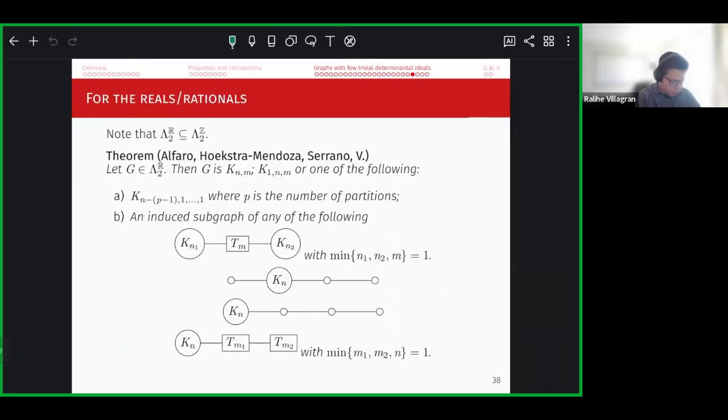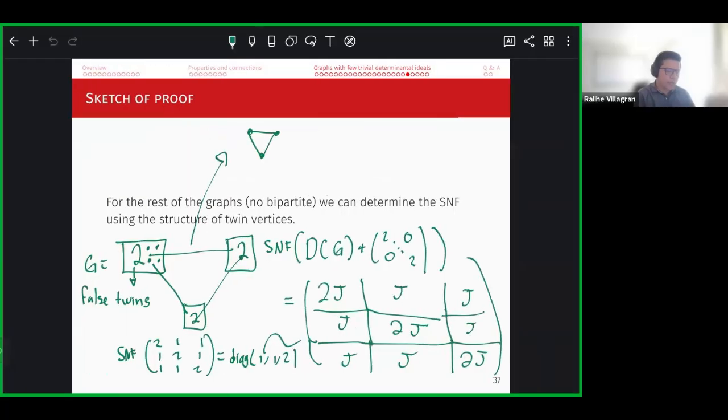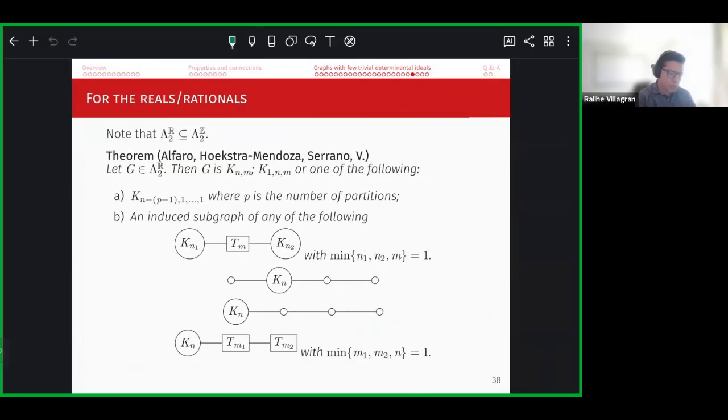So just to say a couple more results. If we use, instead of the integers, the reals or the rationals, we can also find a characterization. In this case, it's a little bit different because we don't have this Smith normal form to help us so much over the reals.